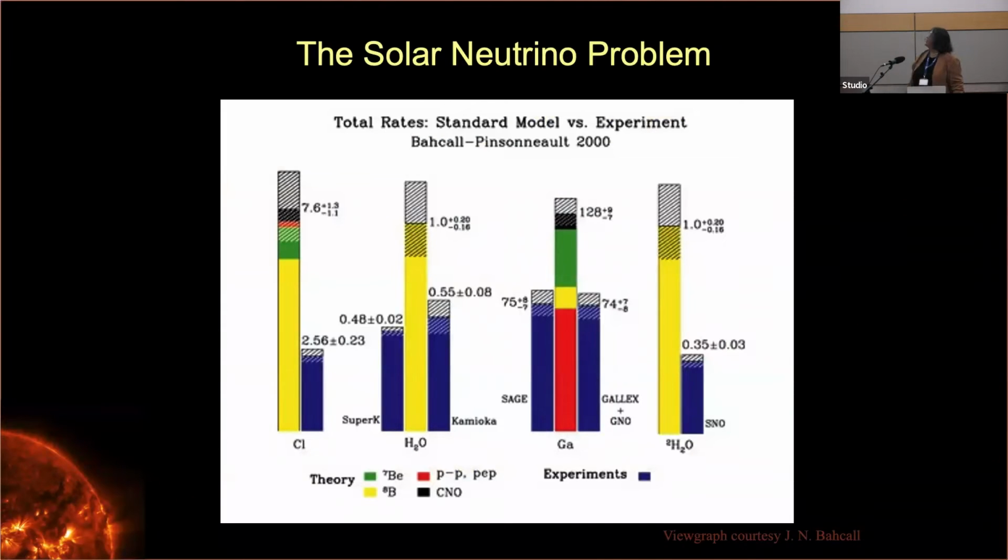Pre-2001, this was the solar neutrino problem. The colored bars are the theoretical fluxes. The blue bar, which is almost black on the slides, are the observed ones. And you can see they don't match.